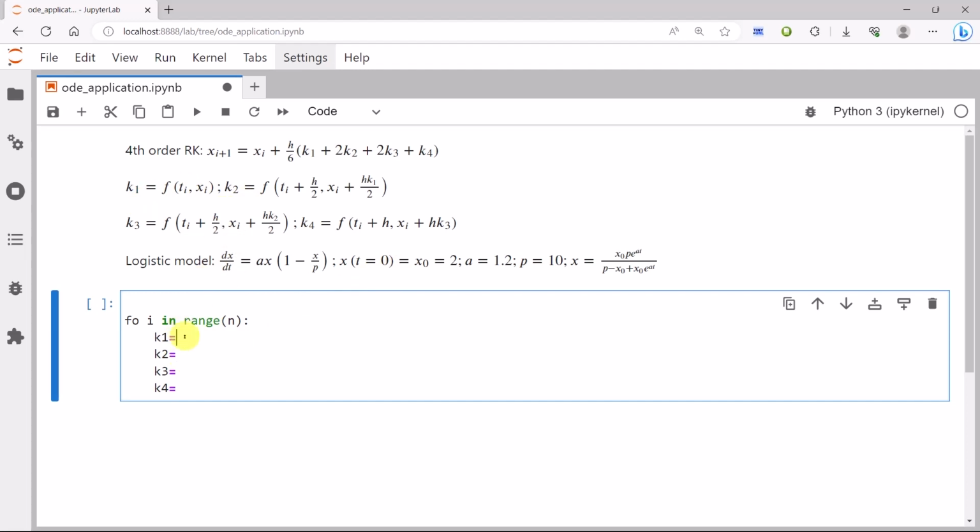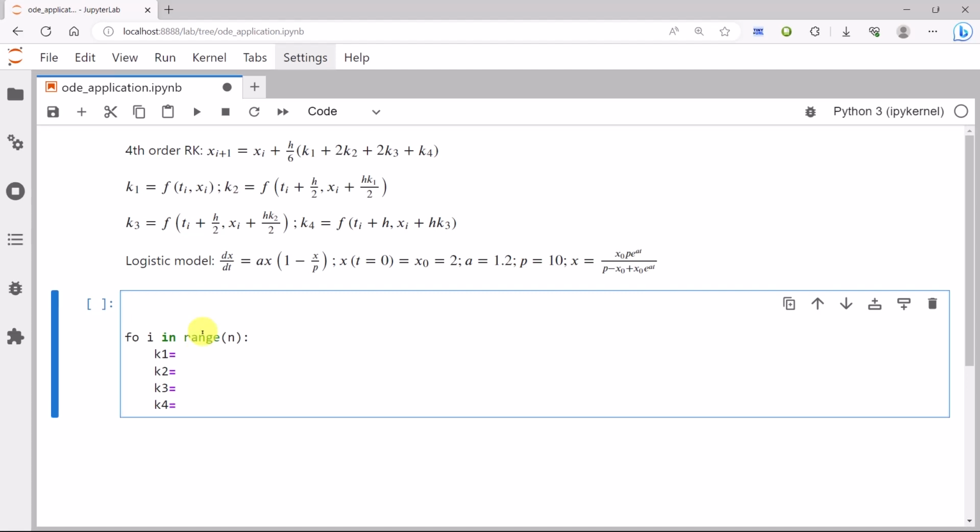So as I go in range n, this calculates the variable, in this case x, from 0 to n, but 0 is the initial condition that we know. So initially at time t equals 0, x at time t equals 0 will be given by the initial condition x naught.